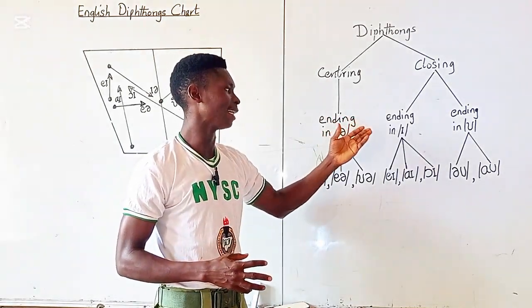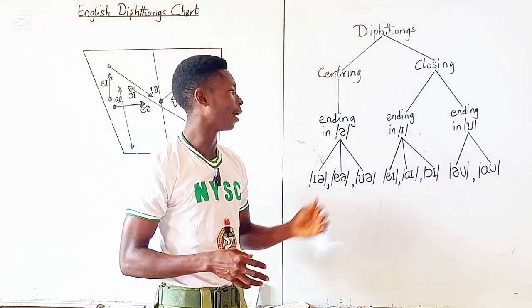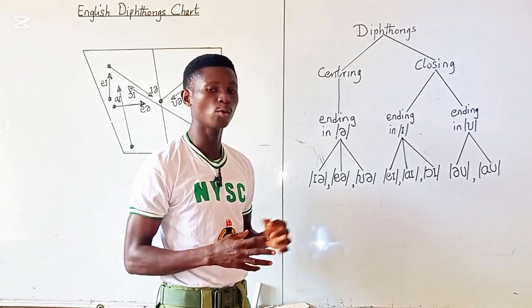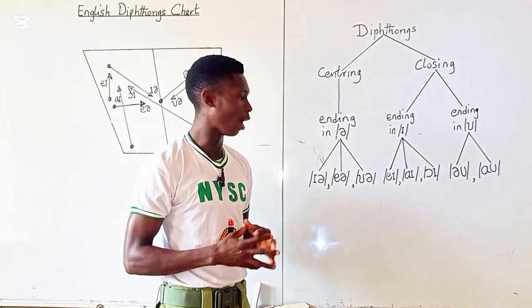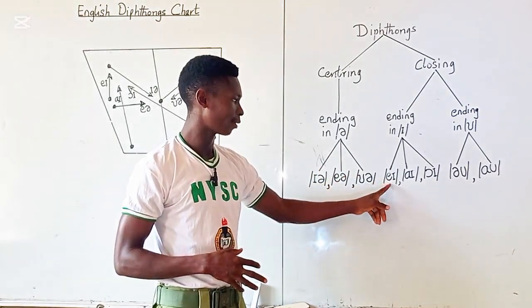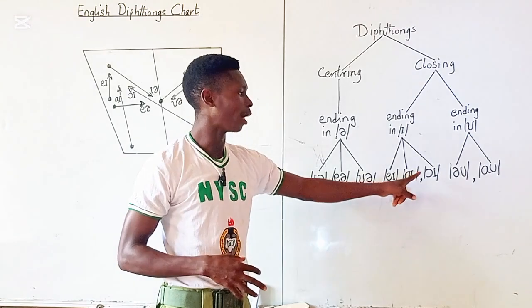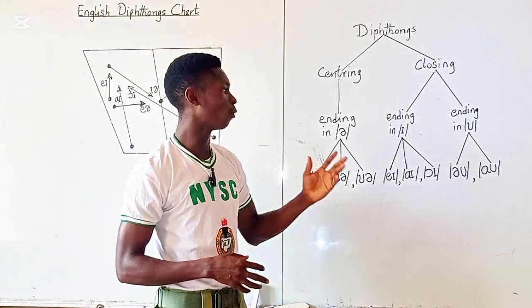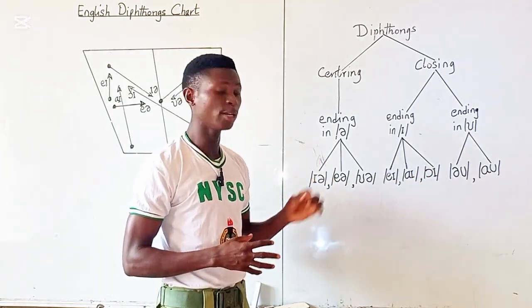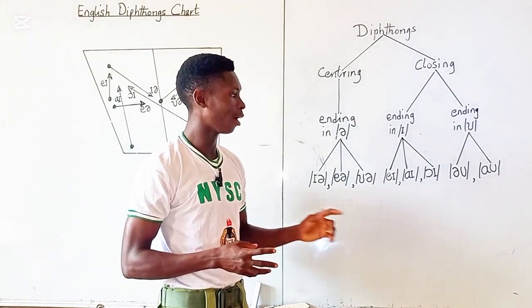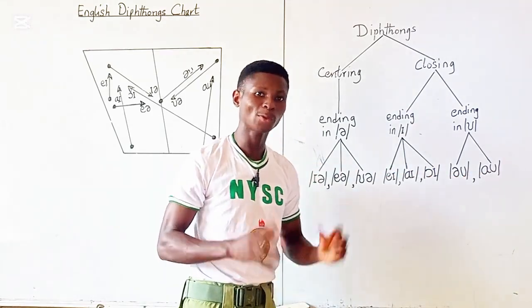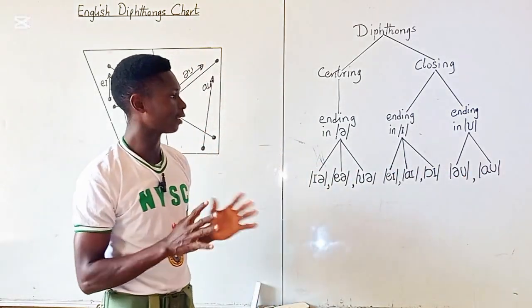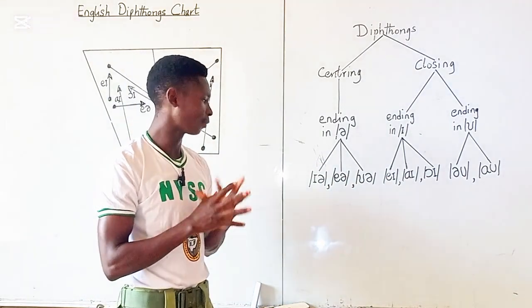Those ending in I and those ending in U. The ones ending in I are A, I, and oi. And the ones ending in U are O and OW. So you should be able to articulate all these sounds properly.